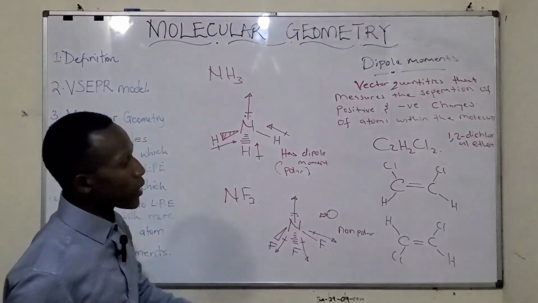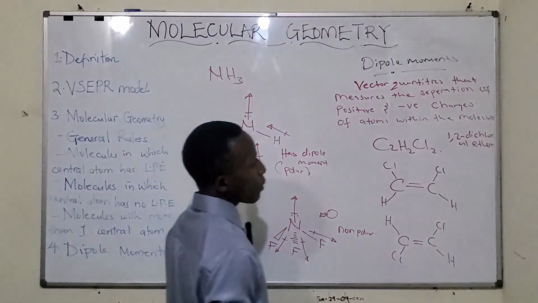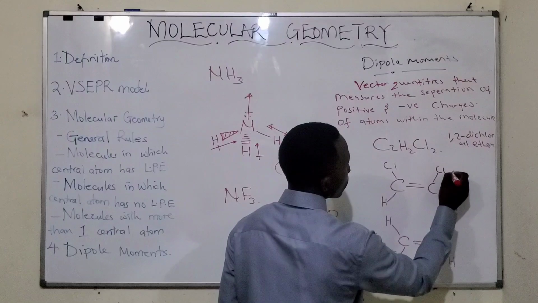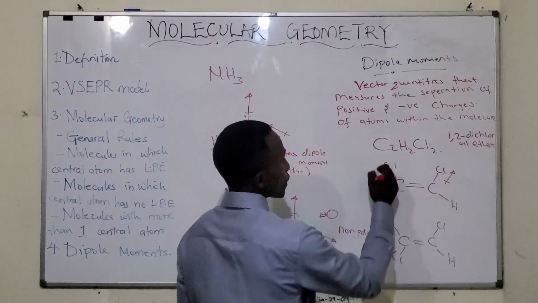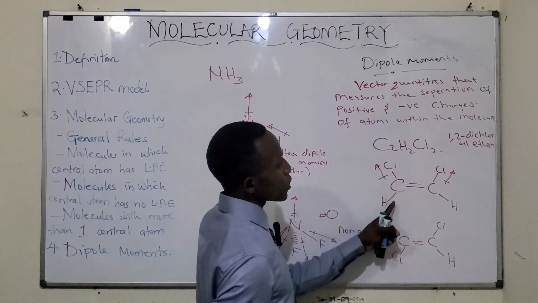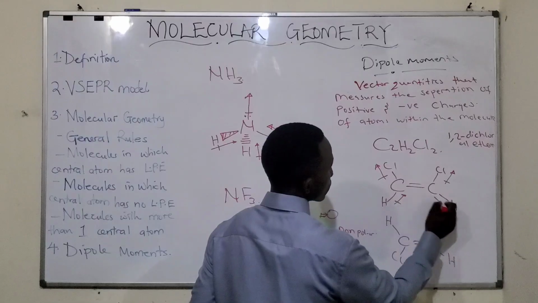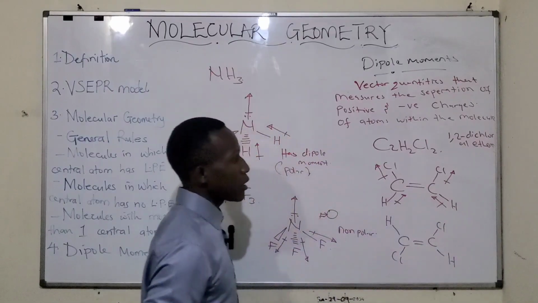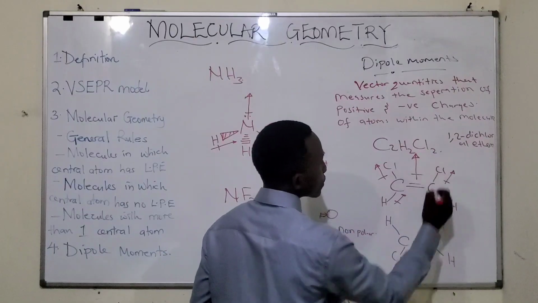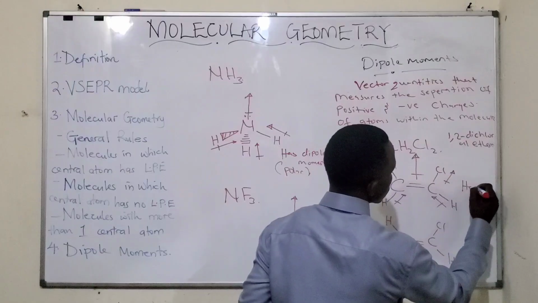We want to check whether these two have dipole moments. Chlorine is more electronegative than carbon, so we shall have dipole moments going like this. Even here it goes like this. Carbon is pulling from hydrogen, so there is also a dipole moment towards carbon. This means this structure will have a net dipole going like this. So this one has a dipole moment.